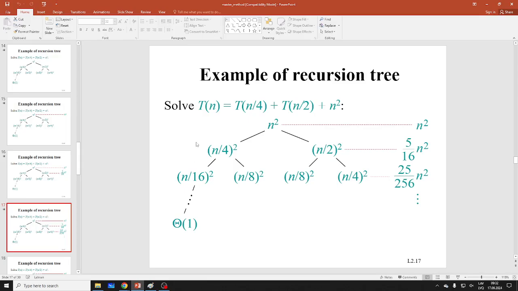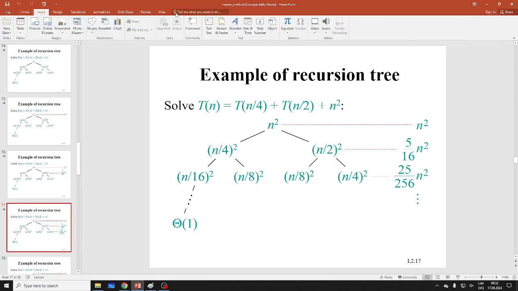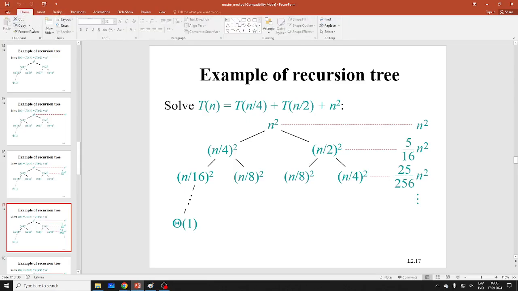I wish I could draw on this one. Let me see here. Where's my painter? Animations, design. Insert. Apparently not. I know I could draw.